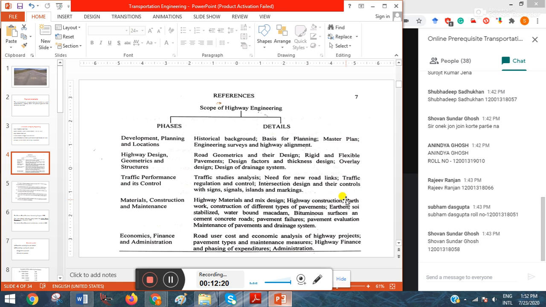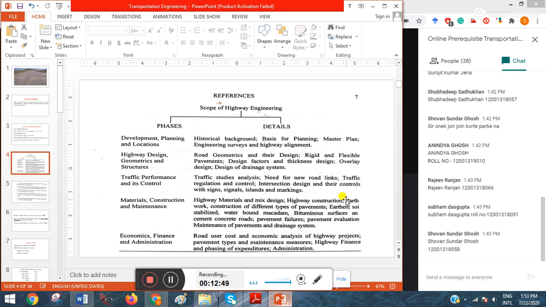And under economics, finance and administration: road user cost and economic analysis of highway projects, pavement types and maintenance measures, highway finance, and phasing of expenditures, administration. To construct a highway, we need some money. Without money, we don't construct any road or highway. For that, normally all the roads are constructed by the government.